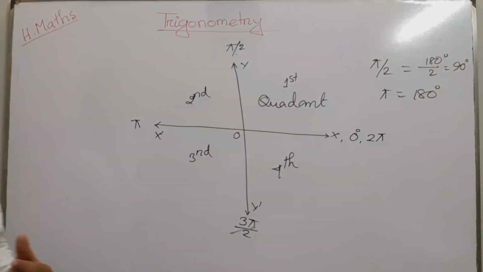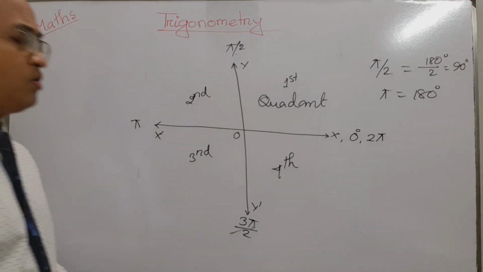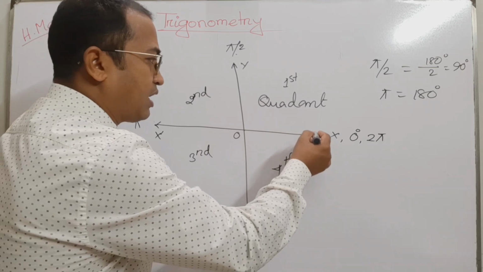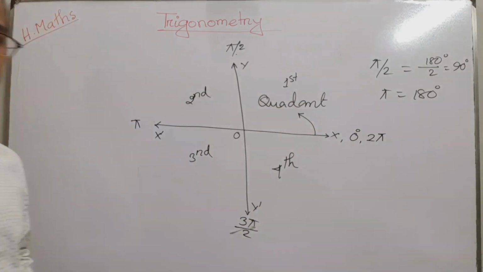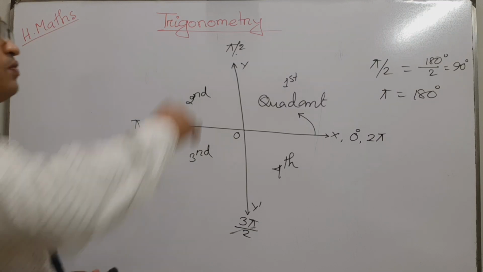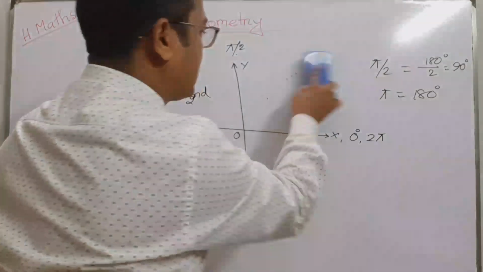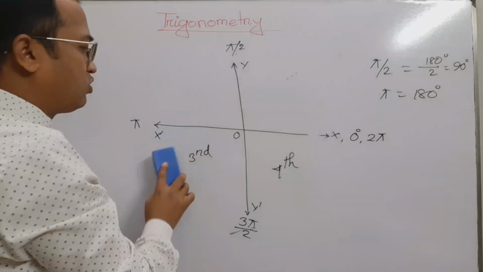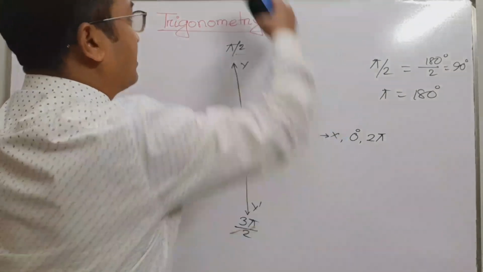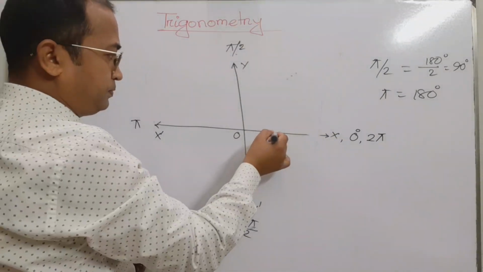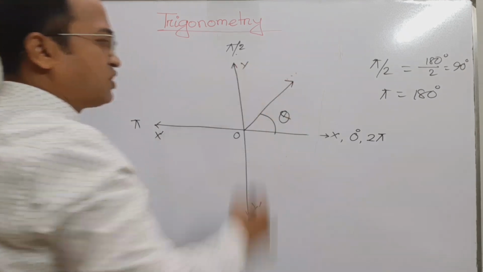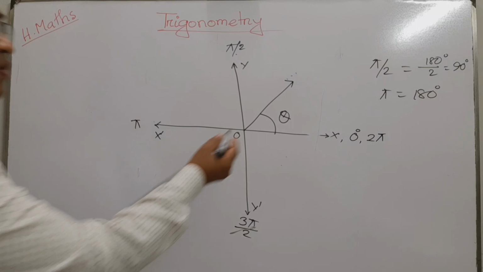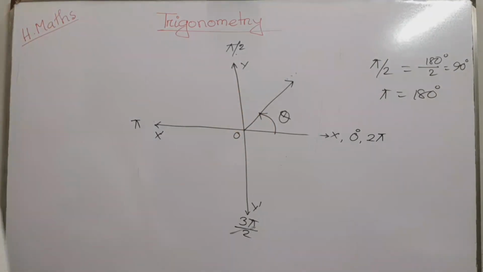Now we will find out the angles, positive angle and negative angle. What is a positive angle? If you revolve the initial line anti-clockwise, then it will be a positive angle. Say you draw an angle like this. So this is positive theta because it goes anti-clockwise.